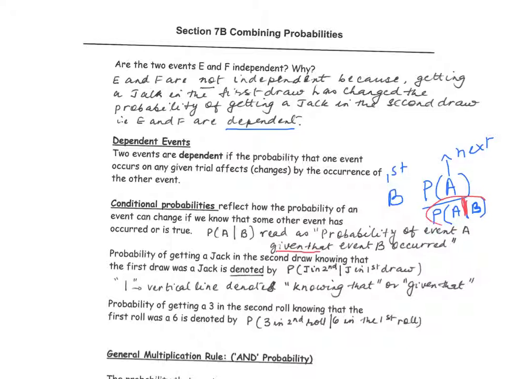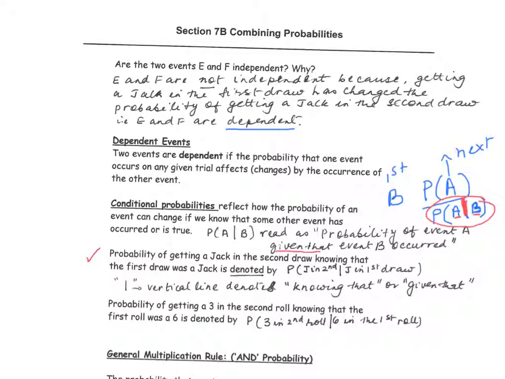So this notation stands for probability of, as usual, probability of the event A given that B happened. So let's see how we can denote given probability statements using conditional probability.